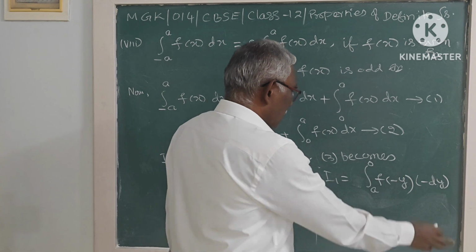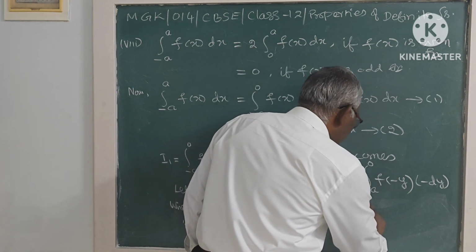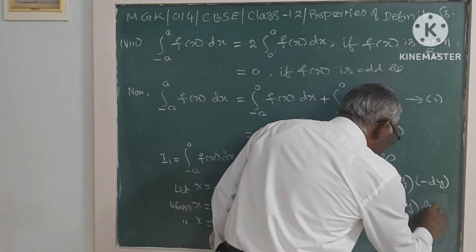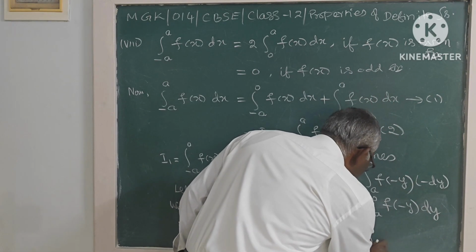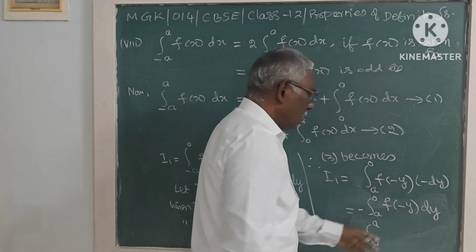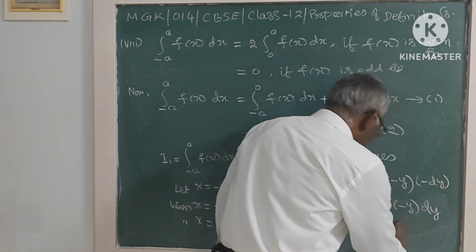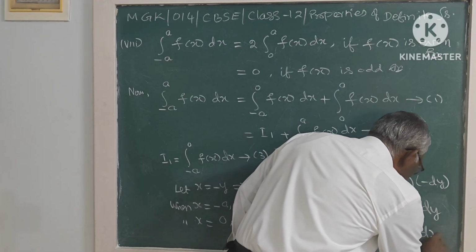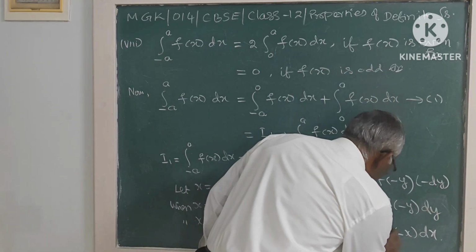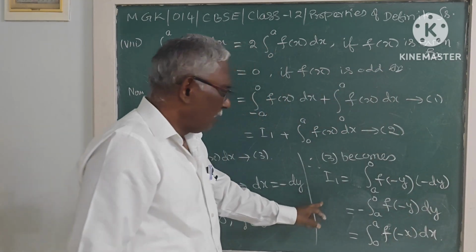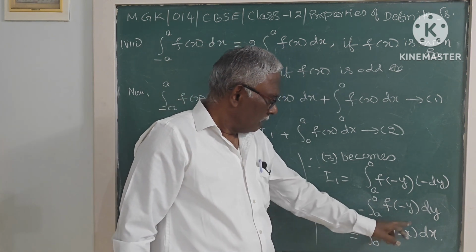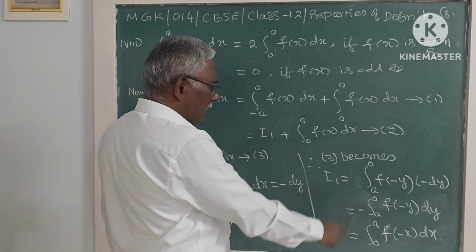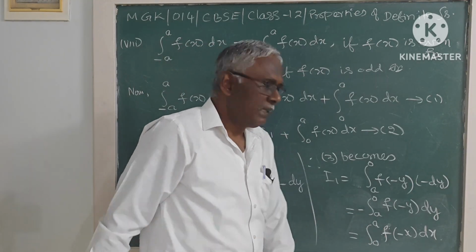So we can write this as minus integral a to 0 f of minus y dy, or as integral 0 to a f of minus y dy, or integral 0 to a f of minus x dx. So I suffix 1 becomes integral 0 to a f of minus x dx.